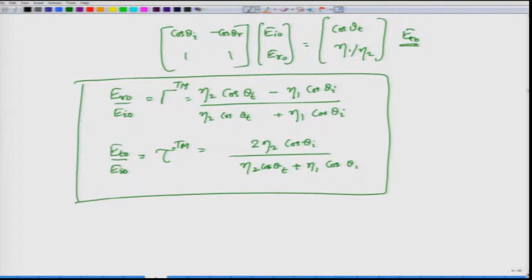But what I did not do correctly in the previous module is that the equation that I wrote was slightly wrong. The equation for the transmission coefficient was correct, which is of course for the TM case is given by 2 eta 2 cos theta i divided by eta 2 cos theta t plus eta 1 cos theta i, right, where this eta is the wave impedance.